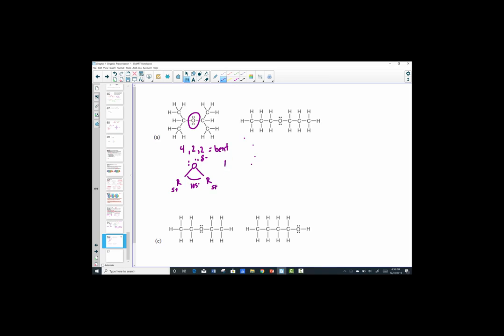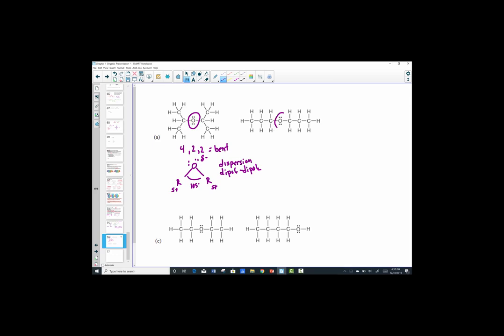So this exhibits dispersion forces because all molecules do. And since it is polar, it exhibits dipole-dipole interactions as well. It does not meet the criteria for hydrogen bonding, so 2 of the 3 are present here.